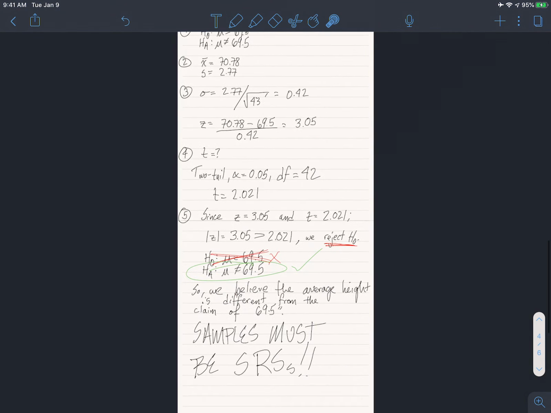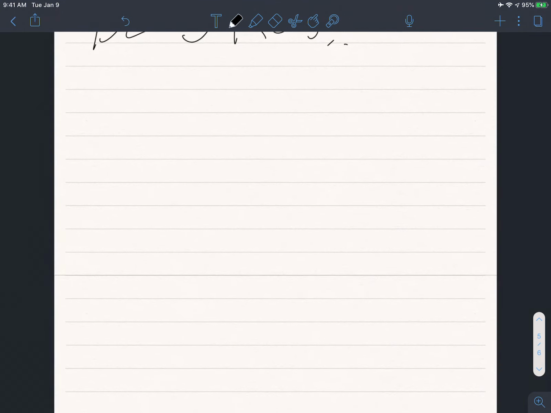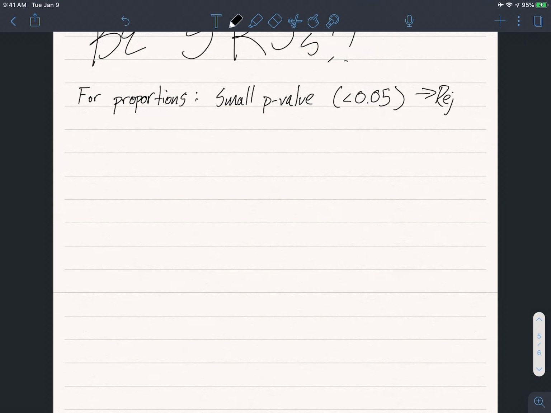Let me actually write this down because this is the biggest problem I find for proportions. Small p-value, less than 0.05, that led to rejecting H0, right?